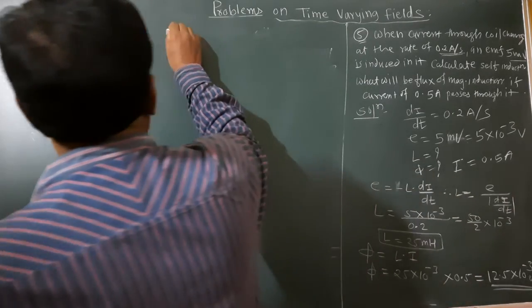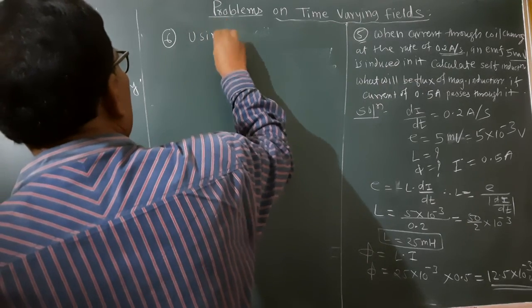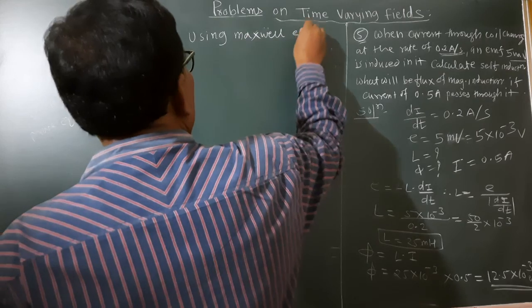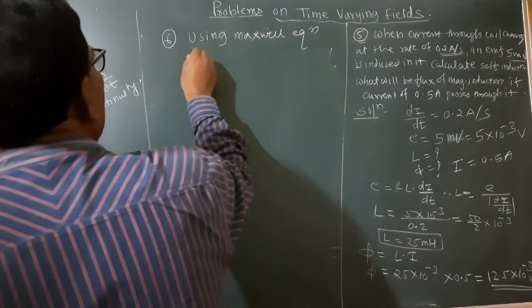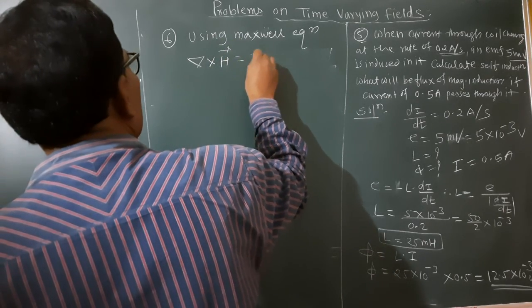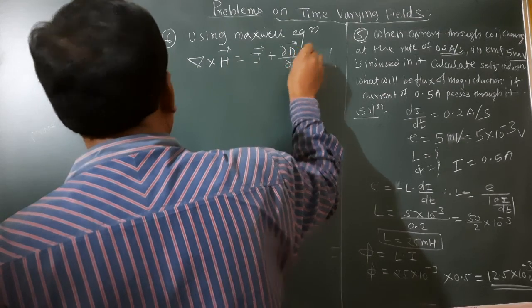Using Maxwell's equation, which equation? That is the last equation. Curl of H bar is equal to J bar plus dou D bar by dou t.